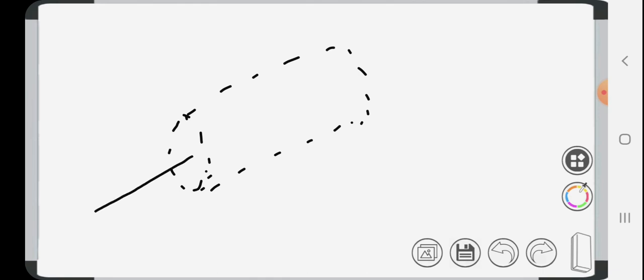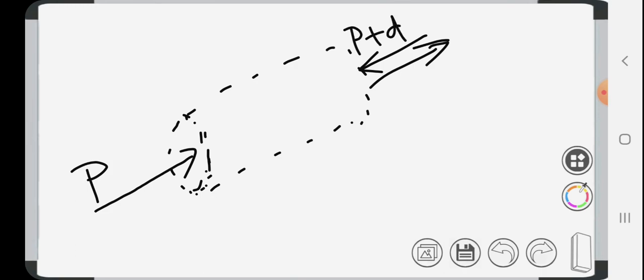Let this be the incoming fluid, this the outgoing fluid. The pressure acting at this interface, that is the entry, is P into A. Now the pressure acting towards this face is P plus dP.